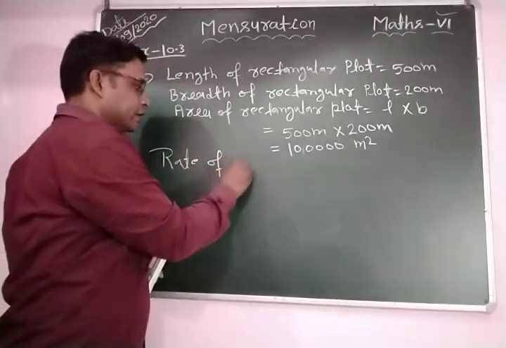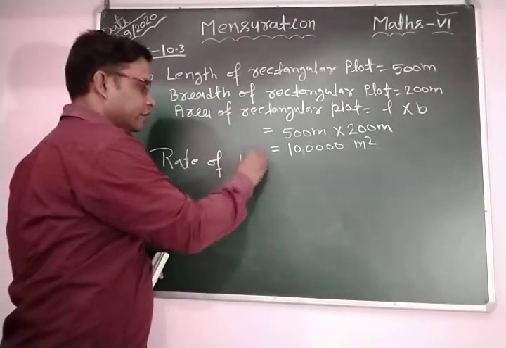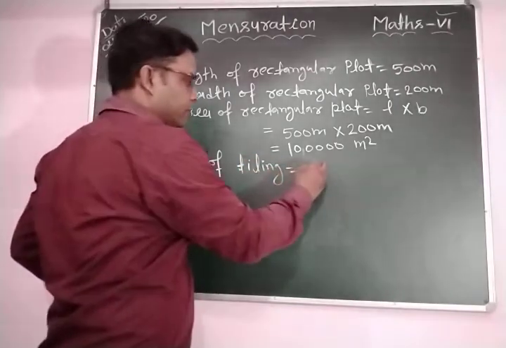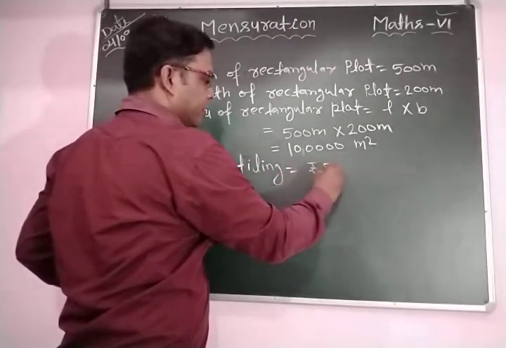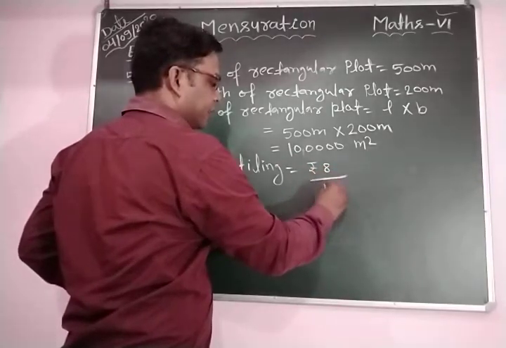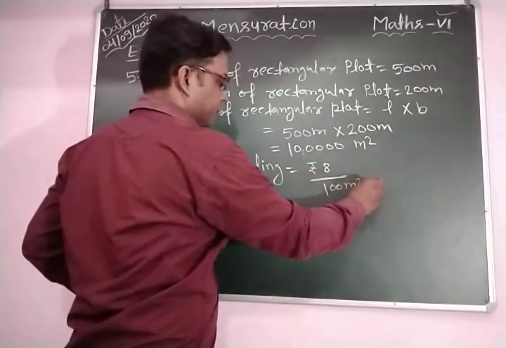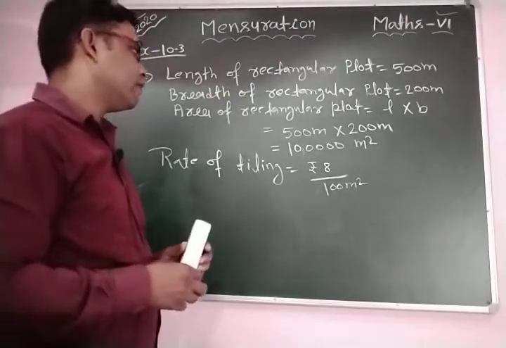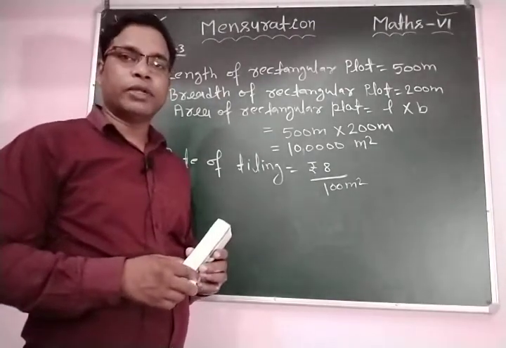So you can write here, rate of tiling is equal to rupees 8 per 100 meter square. Okay. Now we find the cost of tiling of the rectangular plot.